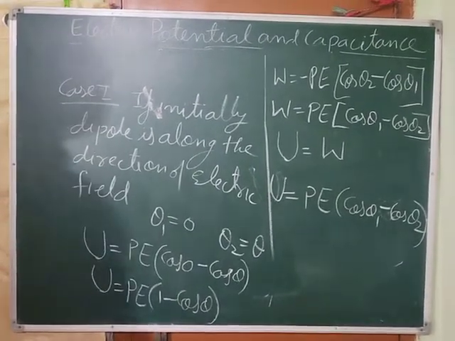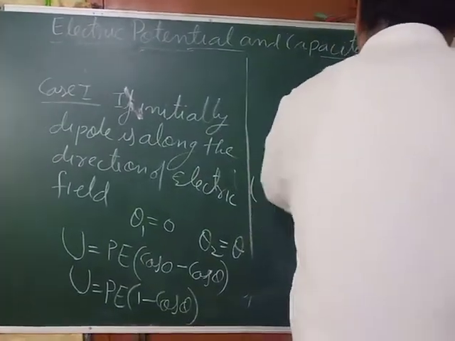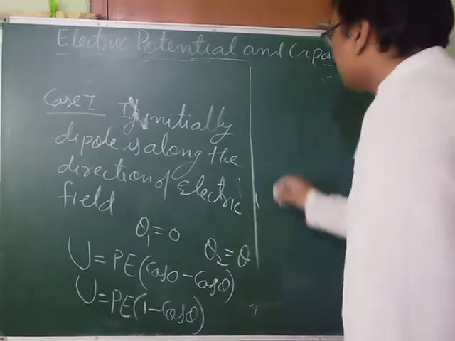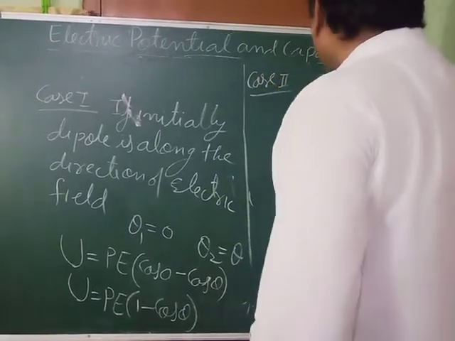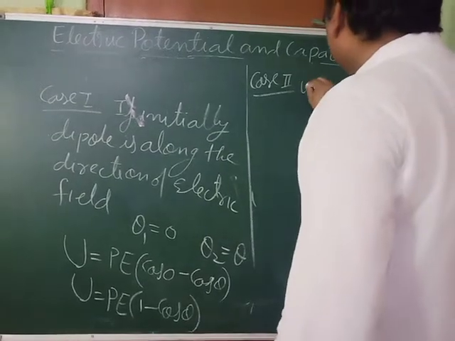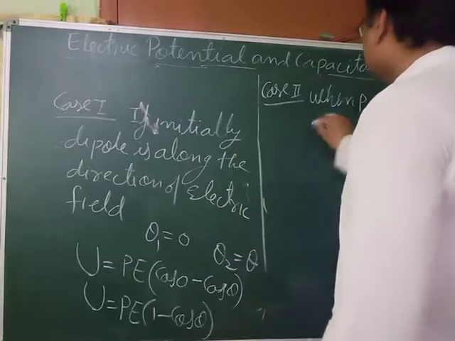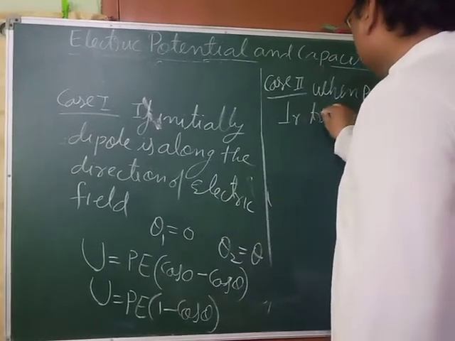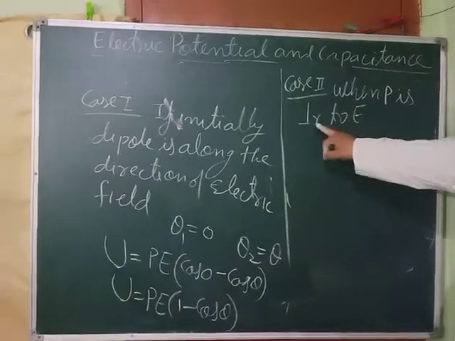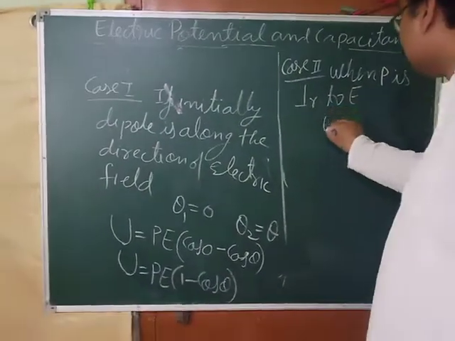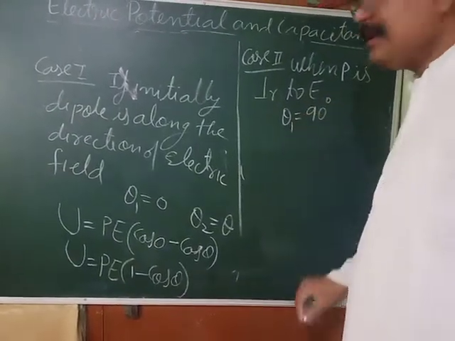Now we can go to case 2. What are we going to do in case 2? This is case 2, when P is perpendicular to E. Initially P is perpendicular to E, so theta 1 is 90 degrees.